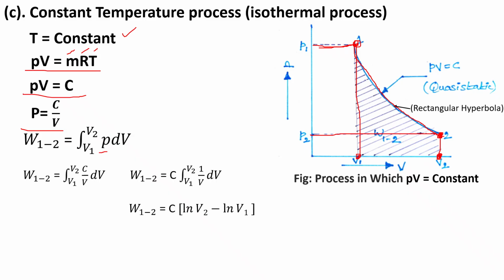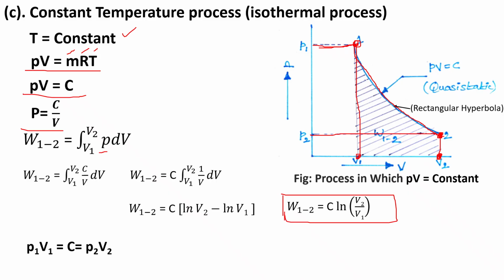This can be written as W1 to 2 equal to C into (ln V2 minus ln V1), and this can be written as W1 to 2 equal to C into ln V2 by V1. We know that PV equals a constant, so P1 V1 equals P2 V2 equals the constant.